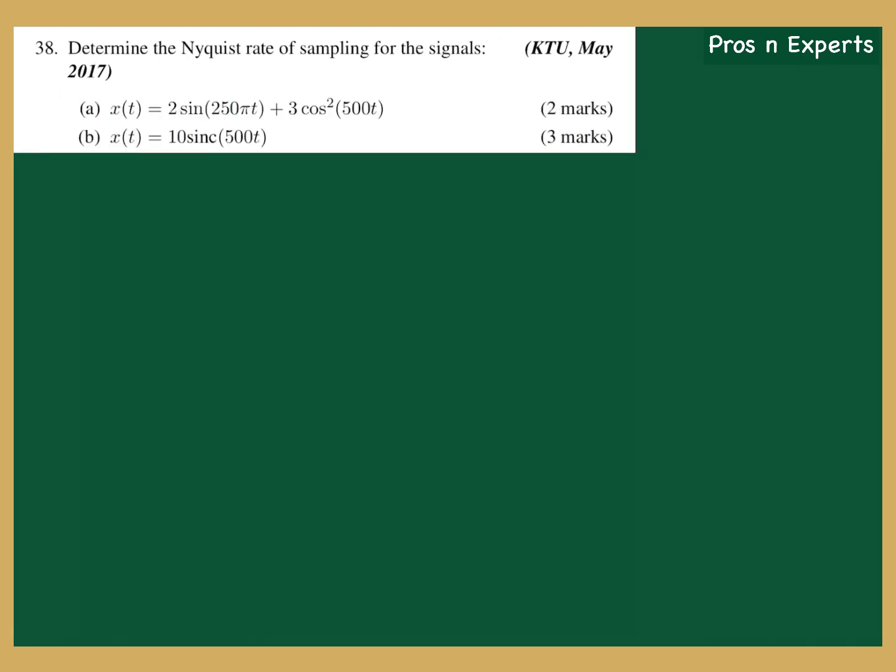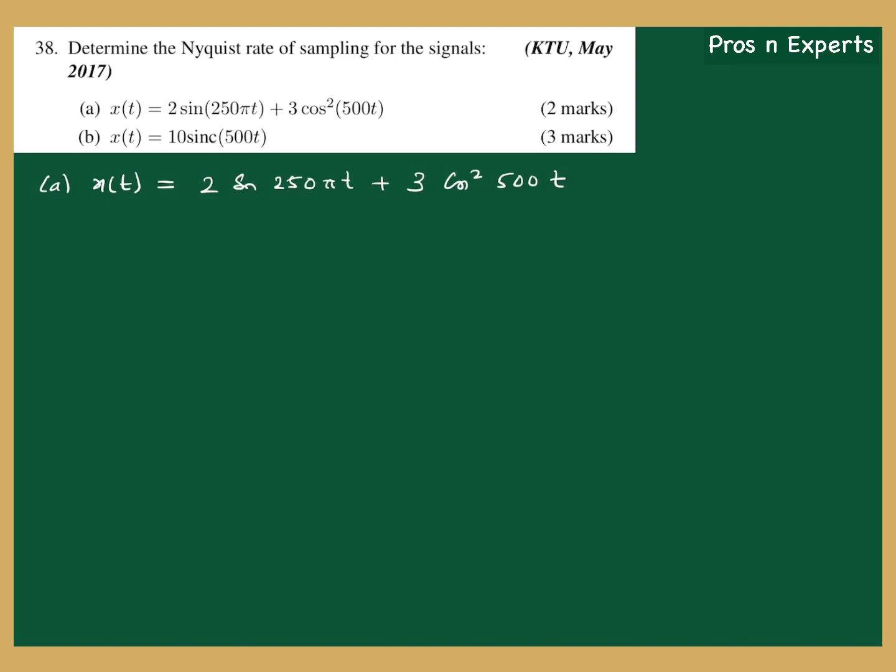Okay, the next question is, determine the Nyquist rate of sampling for the signals. The first question, x of t equal to 2 sine 250 pi t plus 3 cos square 500 t. Determining the Nyquist rate of sampling is very simple.